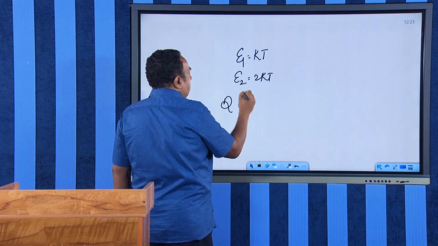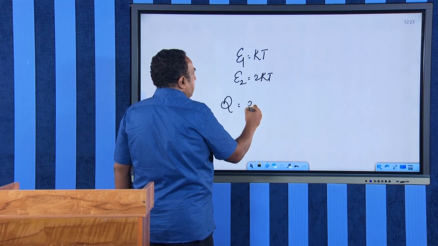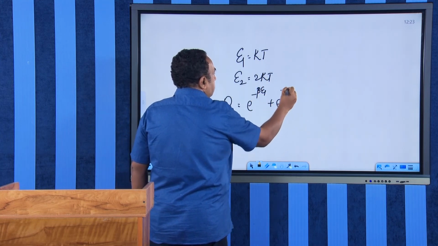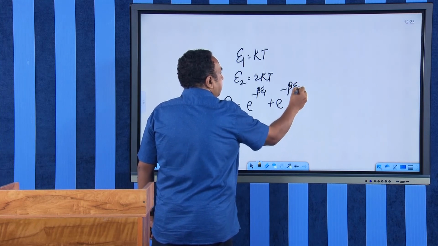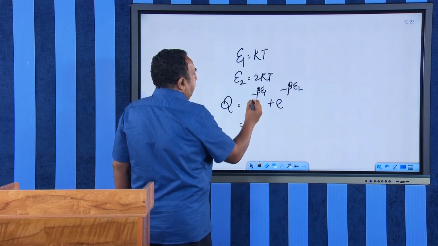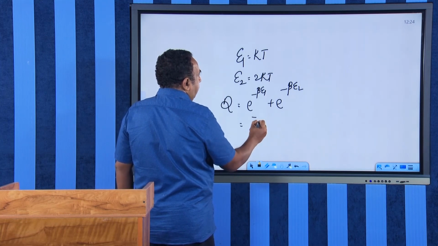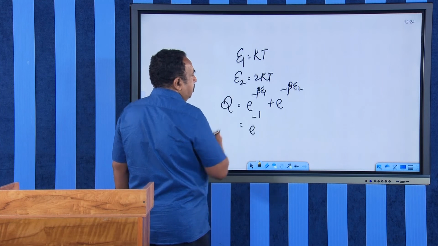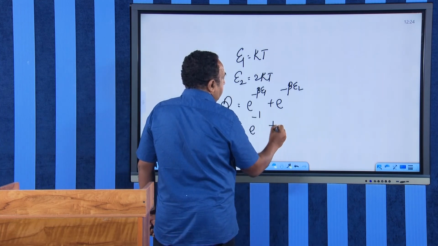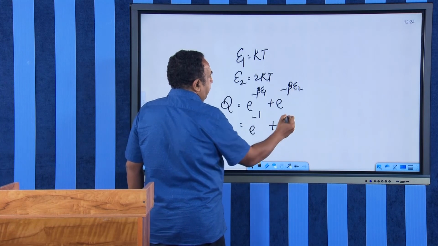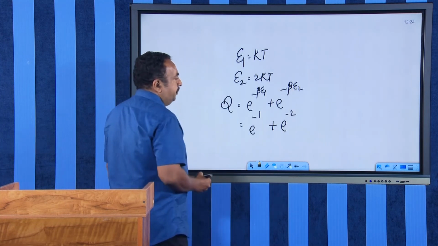Partition function is e raised to minus beta E1 plus e raised to minus beta E2. Beta is 1 divided by kT. Therefore, e raised to minus kT divided by kT, that is e raised to minus 1, plus e raised to minus beta times E2, which is 2kT, divided by kT. Therefore, this is minus 2.